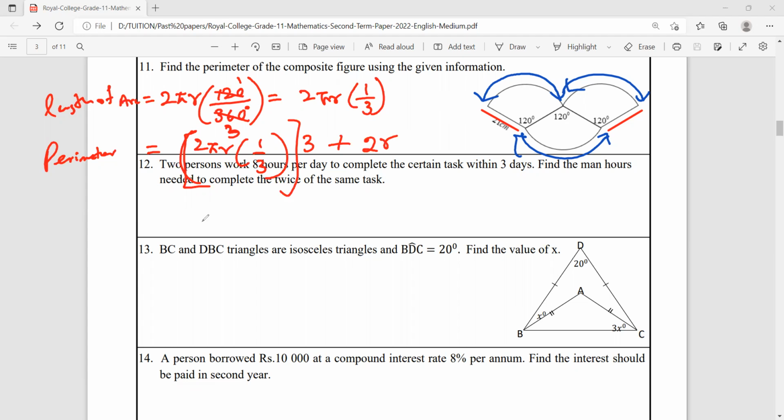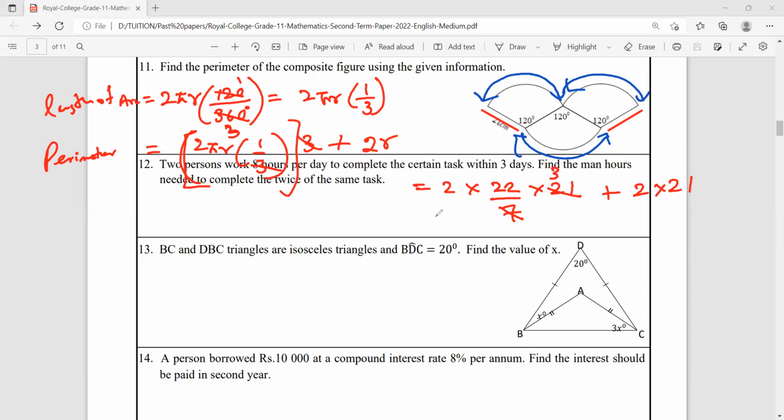So let's find this. It is equal to 2 into, you can cancel out this 3 by 3, then you get 2 pi r. 2 into 22 over 7 into 21 plus 2 into 21. Then this cancels out 3.